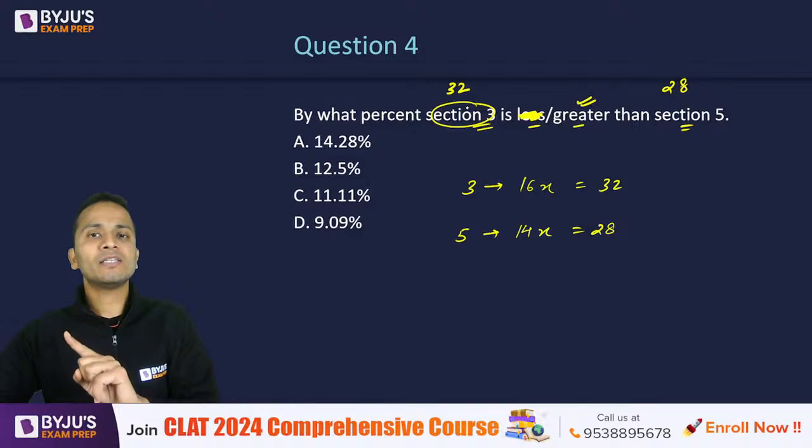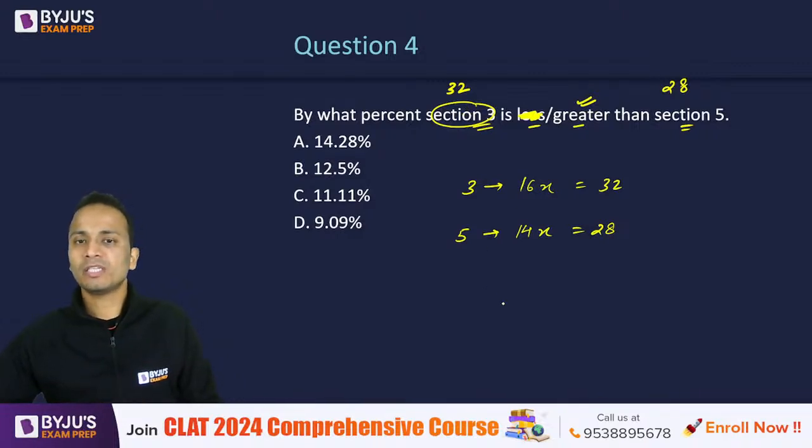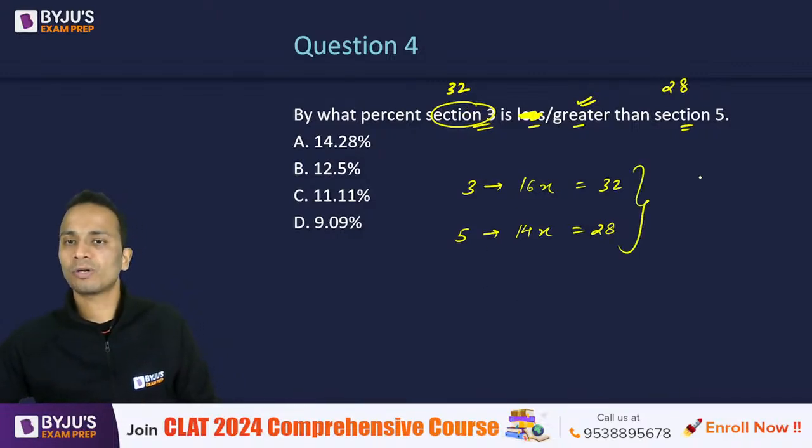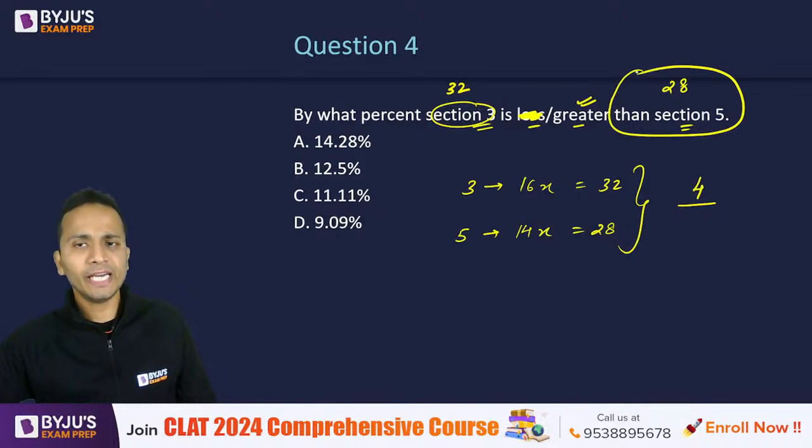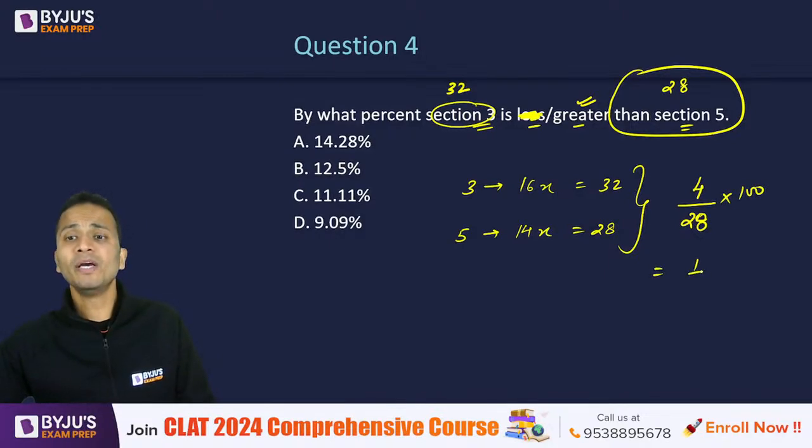If I look at the difference between these two numbers, the difference here is 4. Now we have to compare this difference. It is given in the question than 28, so in the denominator I'll put 28. So 4 upon 28 multiplied by 100. That will come out to be 1 upon 7 into 100.